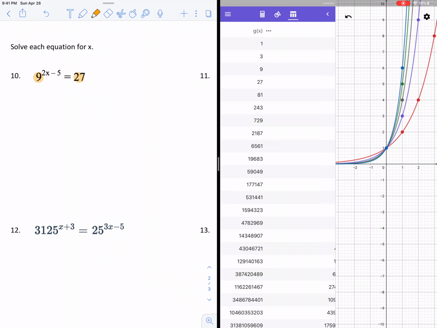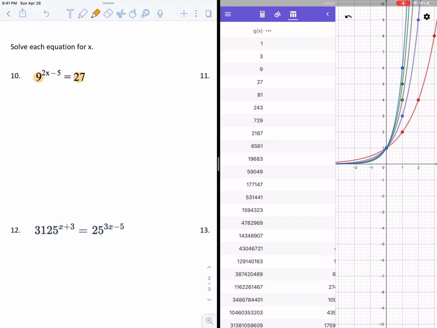There was no exponent there to begin with, so I don't have to bring anything down. Then I simplify using power to power, just like we did on Friday. So the base of 3 is going to come down, and I'm going to multiply the inside and outside power and get 4x minus 10. You have to remember to distribute when you're multiplying the inside and outside powers. Then the 3 to the third is just going to come down. There was no other power.